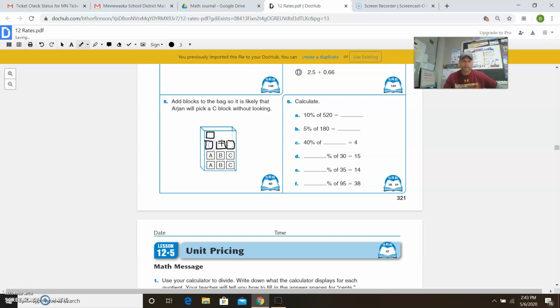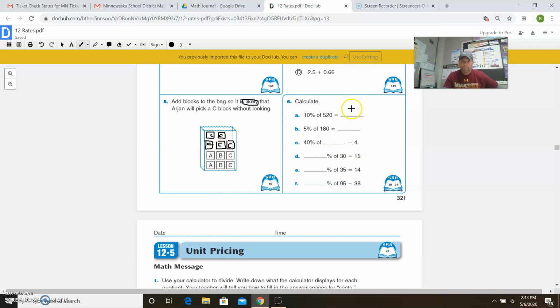You should be adding C blocks, 4, 5, whatever, 6 of them. So it's likely, that's the key word there, that you would pick a C without looking, just reaching in. These are a little more difficult, but we've done these.